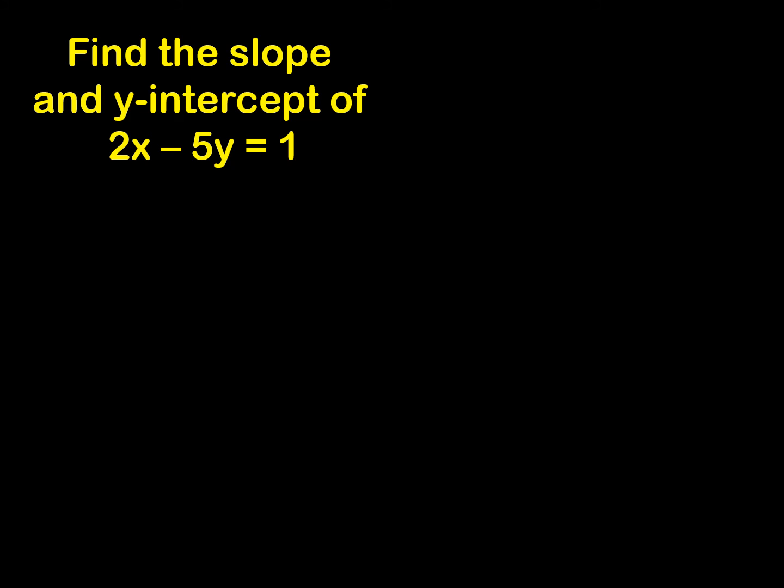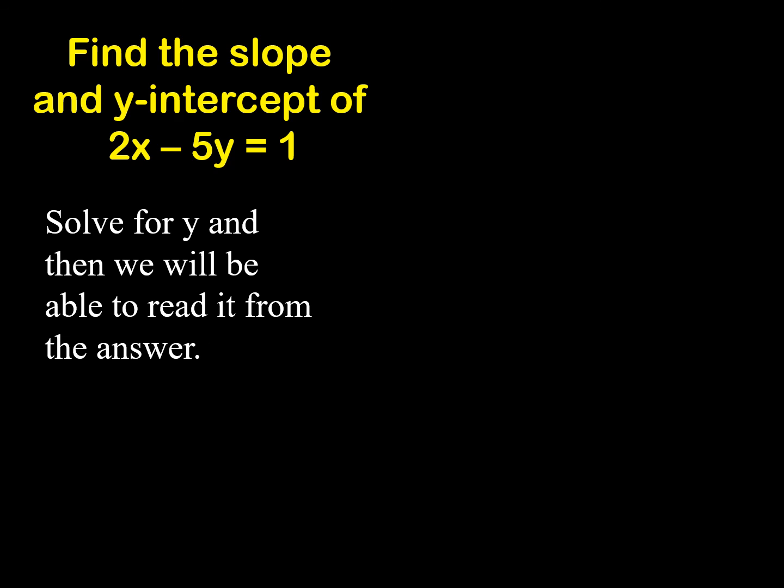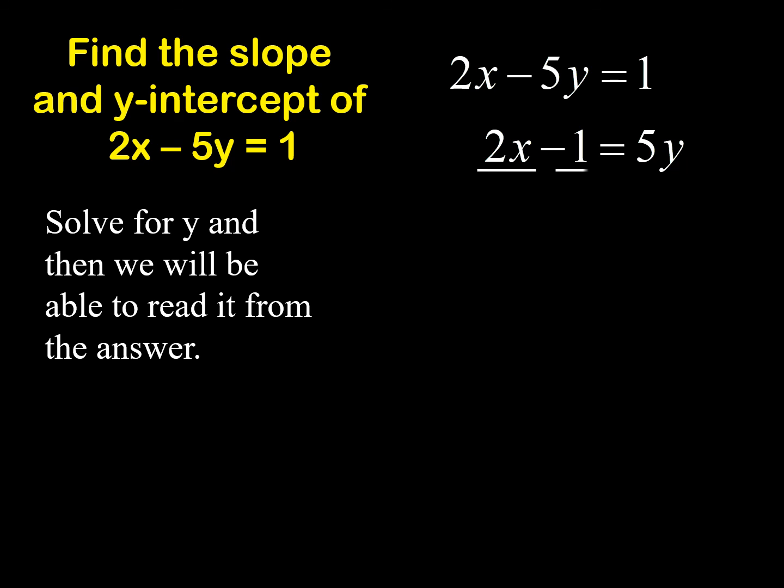Now let us find the slope and y-intercept of the following. Solve for y, and then we will be able to read it from the answer. So from here, copy the original equation, 2x minus 5y is equal to 1. And then transpose y to the other side. So we have 2x minus 1 is equal to 5y.